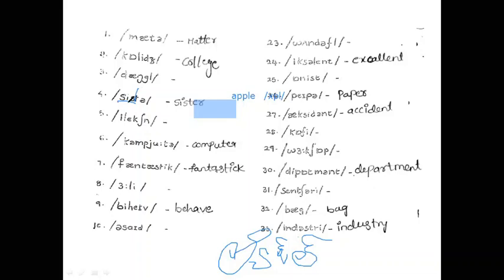Up to here it is cyst, okay, cyst. And what is this letter? This letter stands for, okay, if it comes at the end of the word, what's the pronunciation of this symbol? We have seen in the first one, this is er, okay. Then sister, sister, okay, sister.